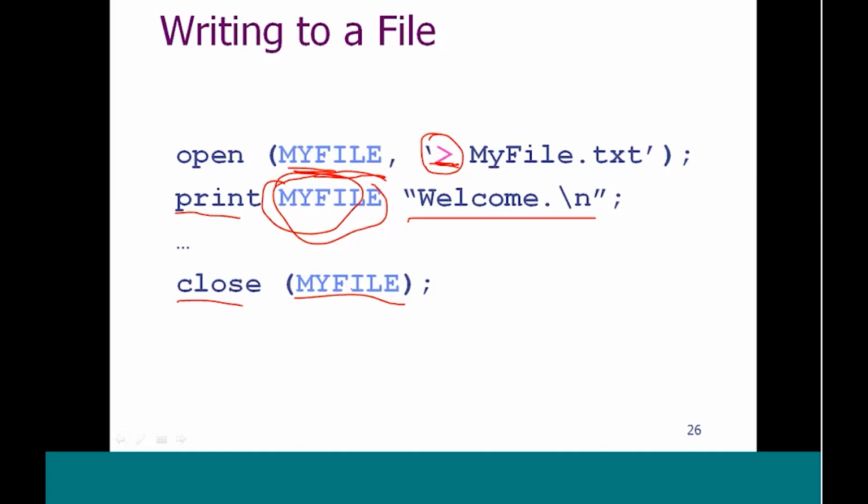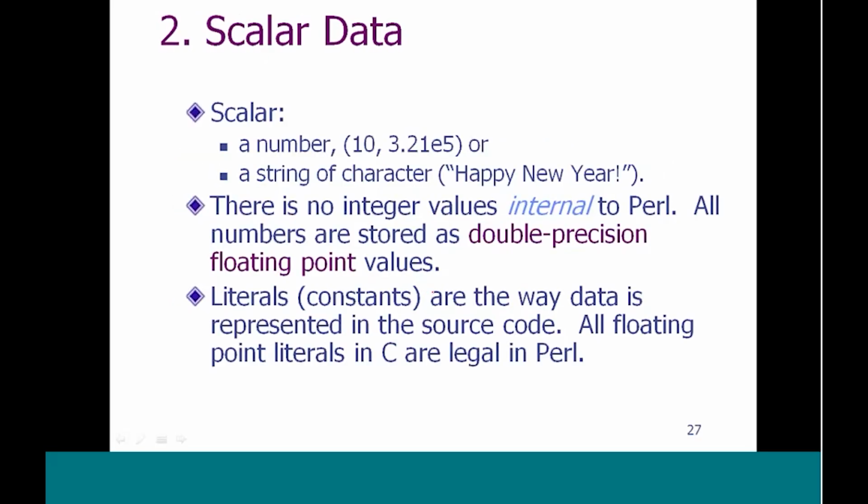But it is a good idea to actually close the file yourself, because sometimes you may be using multiple files multiple times. You may have to read and write files, so you will miss out as to whether you really closed or not. And for closing any file, we have to give it the correct file handle. Here the my file is the file handle which we need to specify in order to close the file.